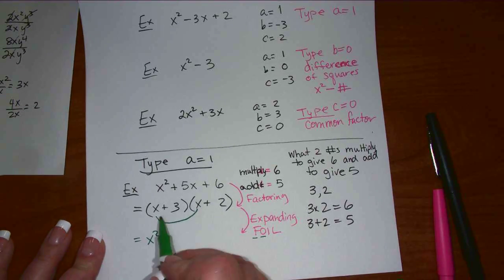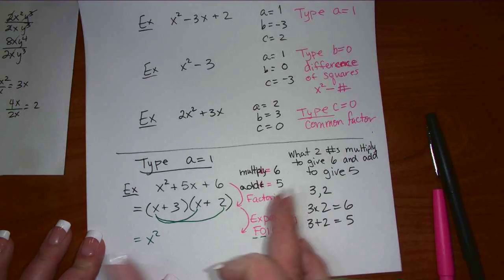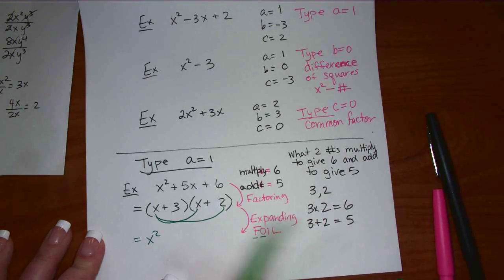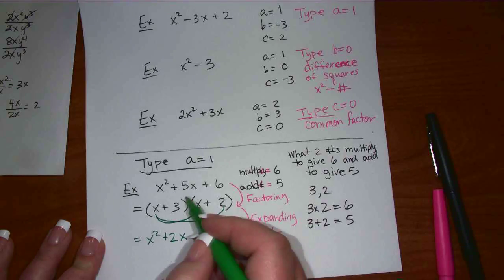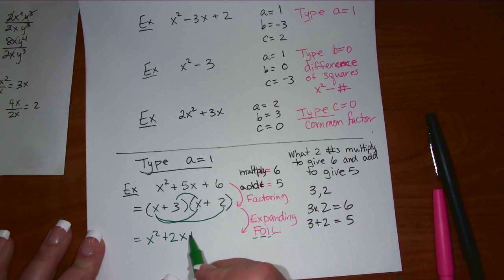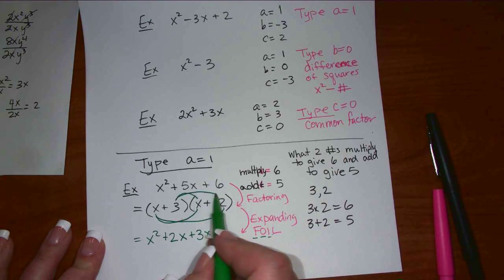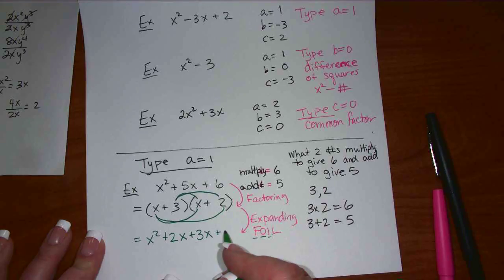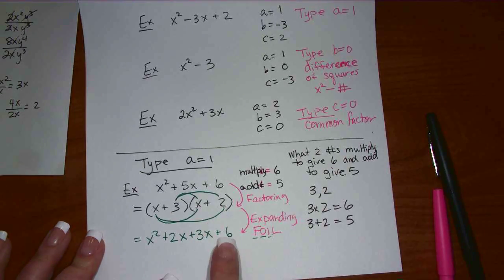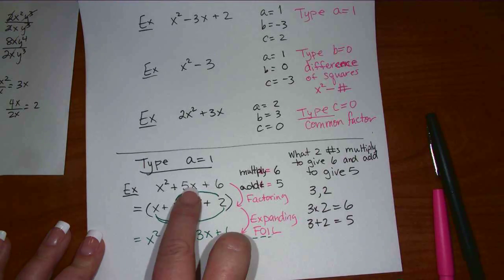Outside, that's the 2 on the outside, so x times 2, 2x. Inside, 3x. And last, 6. These were two numbers that multiply to give 6, and those same two numbers add to give 5, whatever's in front of the x.